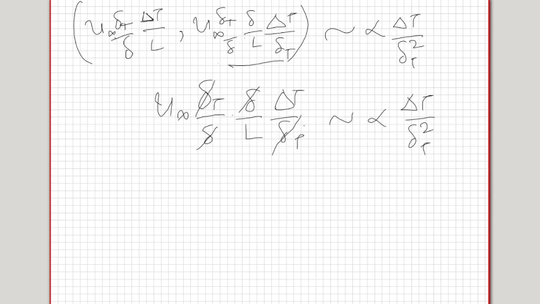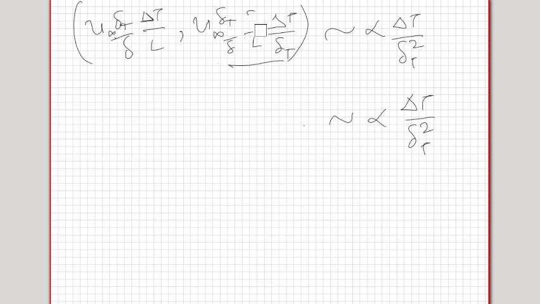So in these two terms, this one is U delta T by delta into delta T by L. This also has U delta T by delta into delta T by L multiplied by delta by delta T. This should have had a delta T by L. I'm sorry about that.